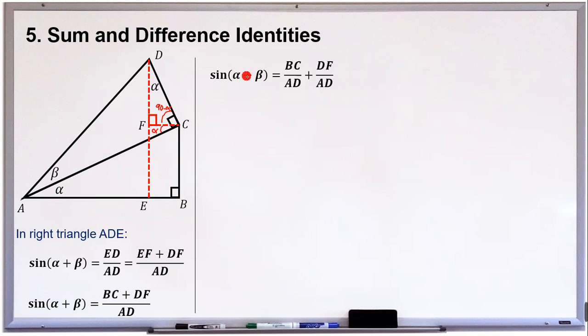Next, we are going to split the fraction into two parts. We have BC over AD plus DF over AD. Now, in the right triangle ABC, we have a relation for BC. So BC can be expressed as AC, the hypotenuse, multiplied by the sine of alpha, using the trigonometric identity sine.